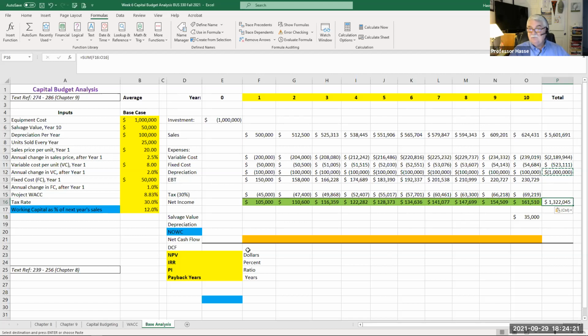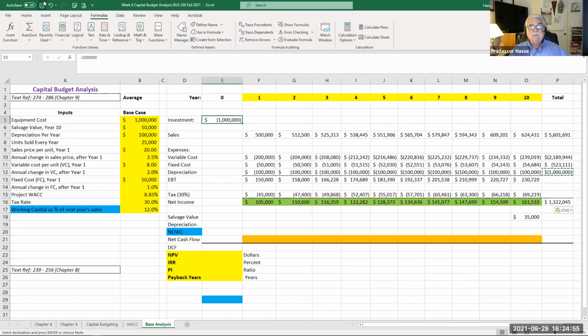So off this plan of an investment of $1 million, we're going to generate 25,000 units a year in sales, generating $5.6 million in revenue, with expenses and taxes taken off of that to get a net income of $1.322 million off this investment. But that's not our cash flow. That's just our accounting income.